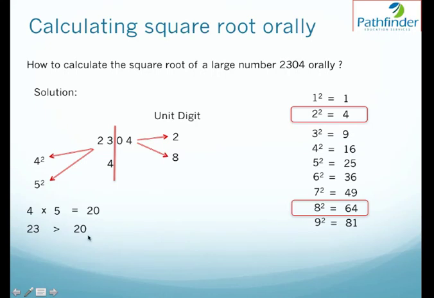Because 23 is greater than 20, therefore I will choose the greater of the two possible unit digits. So in this case, 8. So we see we have chosen the square root as 48. Now we can say that the square root of 2304 is 48.